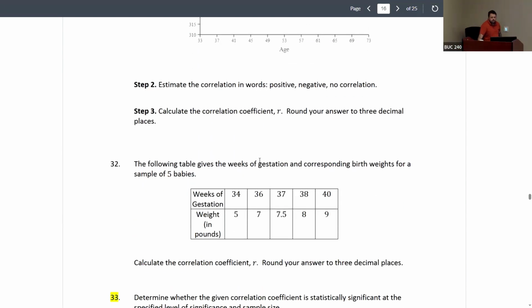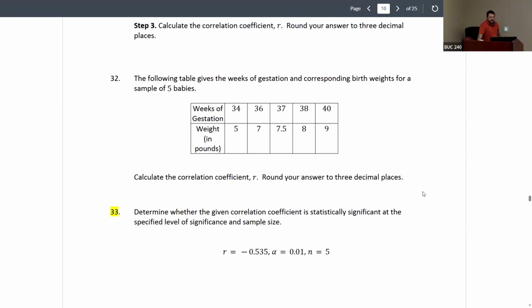Find the correlation coefficient R, round your answer to 3 decimal places. It's a simple little formula. Once I show it to you, you're going to be able to plug and chug, you're good. And determine whether the given correlation coefficient is statistically significant at that specified level. Like I said, we'll learn about all that next week, 12.1 and 12.2.